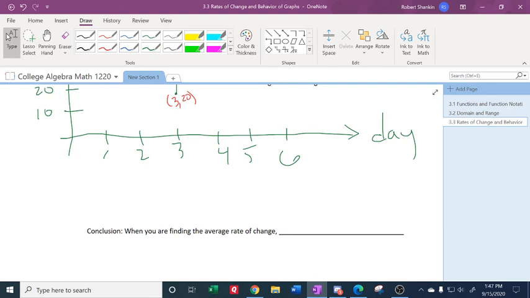Group 3. Remember to introduce yourself. It's the first time speaking for today. What did you get, Group 3? Anybody there in Group 3? All right, Group 4.